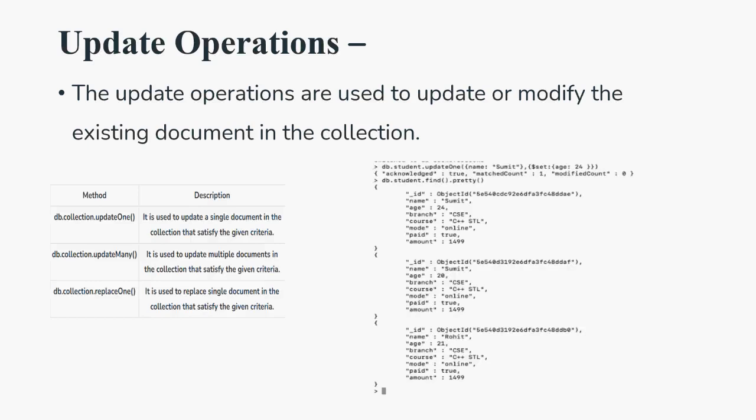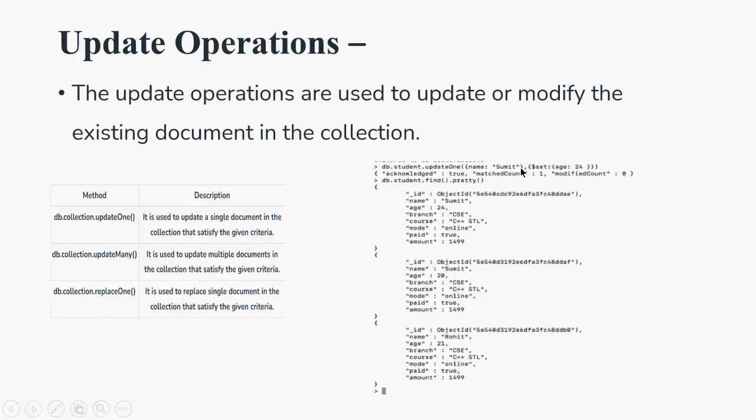Update is doing some addition, removal, or change of information on a table. Similarly here we do it with respect to a document. The same kind of syntax is used, db.collection.update, where you put some condition. So here you can see db.student.update. You're updating the document with the name Sumit, setting the age to 24.